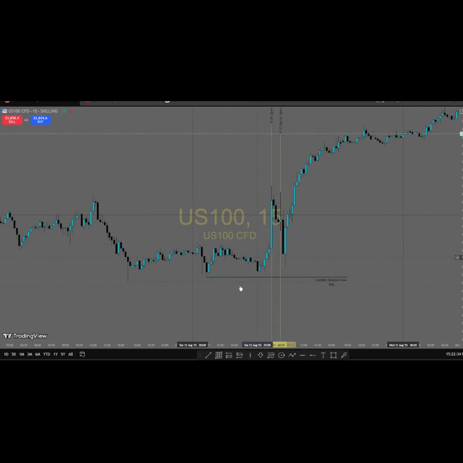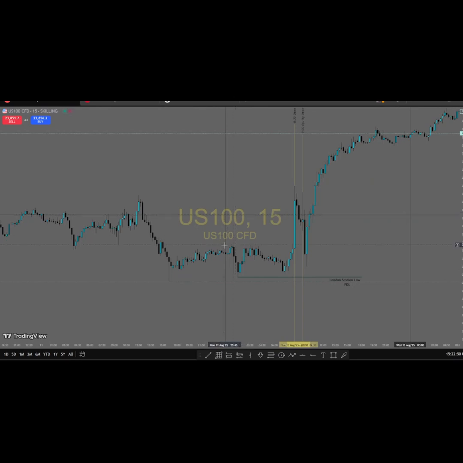So pre 8:30 at 7, this low was posted. This is yet another point of sell side liquidity, right? Note that. At 8:30, price traded higher and it swept all of this liquidity, which includes the London session highs.